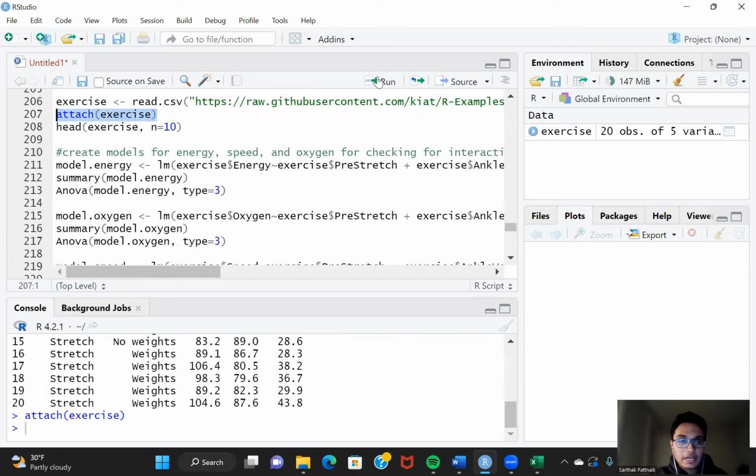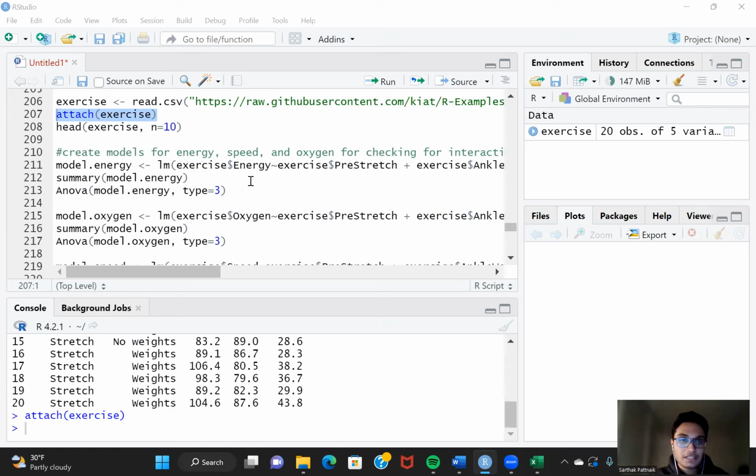Now I'll just go ahead and attach my exercise data and start creating my models. So in the previous case, you saw how we would create an ANOVA model using regression. We would create it using my parameter, tilde, my factor variables. Here we do a similar thing.